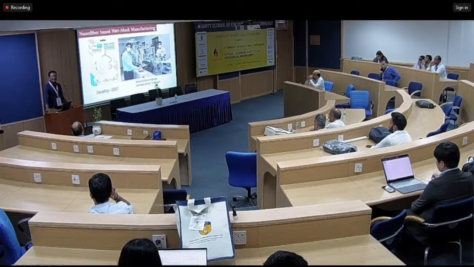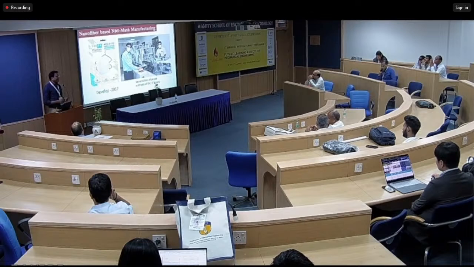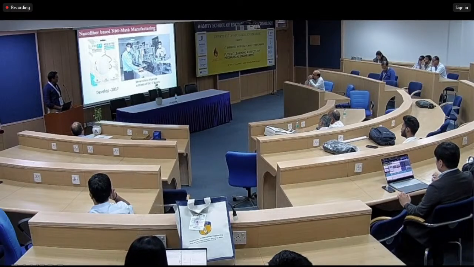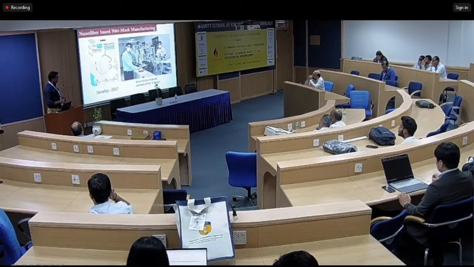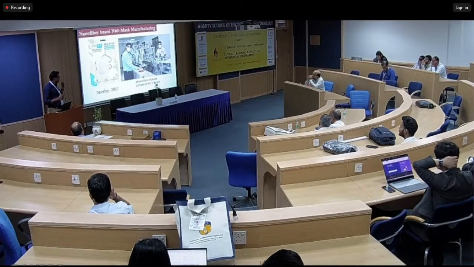We could make only 5,000 masks per day, and there was an immediate demand during COVID, so how could we increase the capacity from 5,000 to 25,000? Within the span of 2 months, with the help of our incubation and IIT Kanpur, we went from 5,000 masks to 30,000 masks per day. So this was to serve the community in a better way.